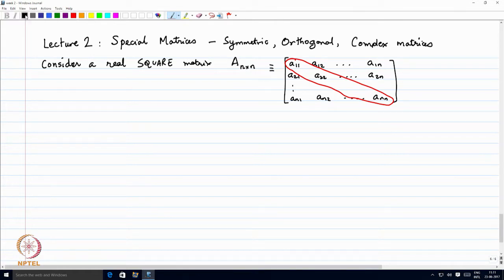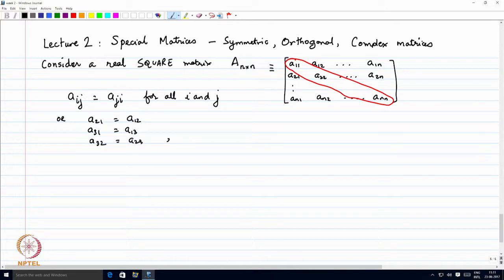Now, suppose you had a real n cross n square matrix such that Aij equals Aji for all i and j. That means A21 equals A12, A31 equals A13, and all the way, and then similarly A32 equals A23, and so on.